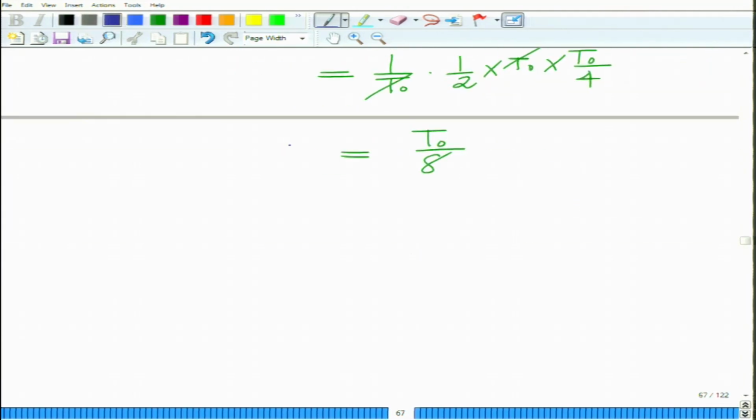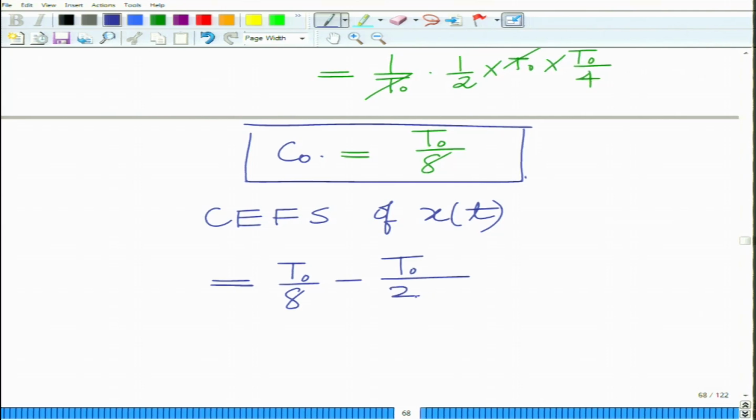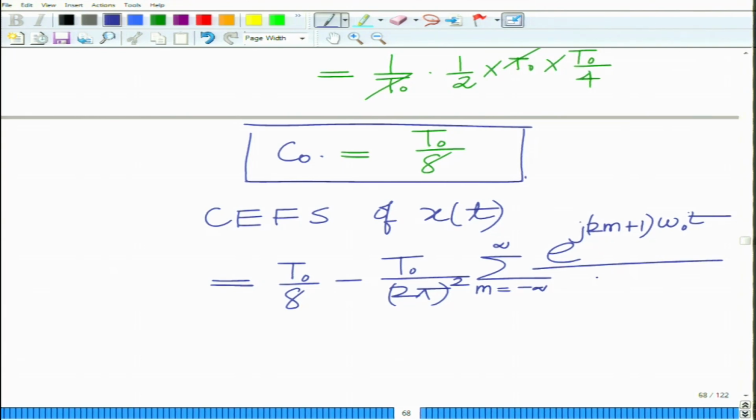Okay. So, C naught equals T naught over 8, and therefore the CEFS of x t, the original triangular wave, is T naught by 8 minus (T naught by 2 pi) whole square, summation m equals minus infinity to infinity, e raised to j (2m plus 1) omega naught t by (2m plus 1) square.